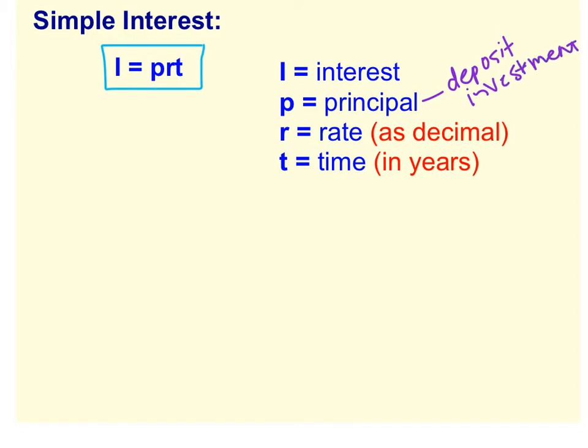So P stands for principal, but for us, we'll think of it as the deposit or the investment. Then you have your rate. Rate is going to be a percentage, and again, we're going to use it as a decimal. And then T stands for time, and you want to be careful. You always want to use the time in years.